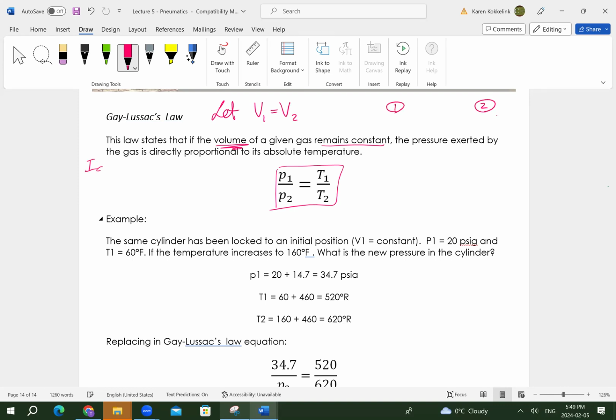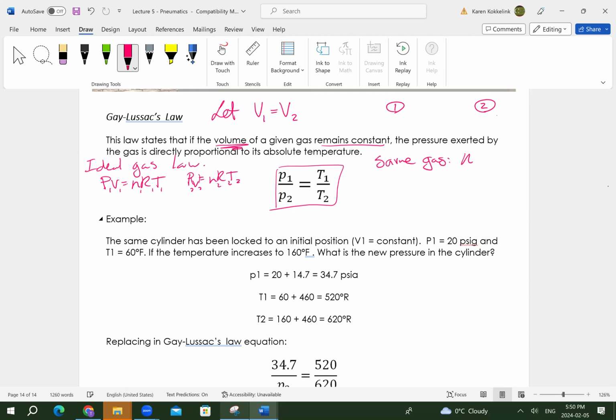Look at the ideal gas law that states PV equals nRT for position 1, and PV equals nRT for position 2, where this gas is flowing, but it's the same gas.